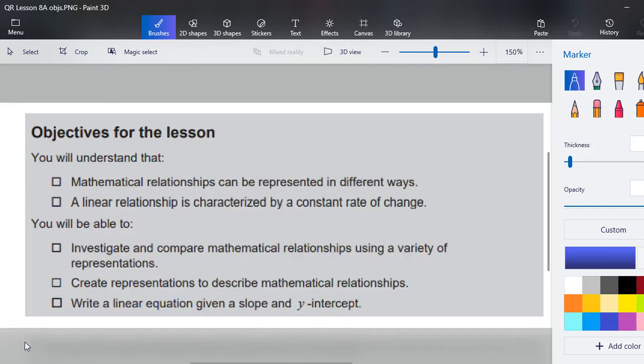The objectives for this lesson are that you'll understand that mathematical relationships can be represented in different ways. Throughout your mathematics career, you've probably seen these, but this lesson is going to put them all together to notice that we can take the same data and represent what's going on in different ways.